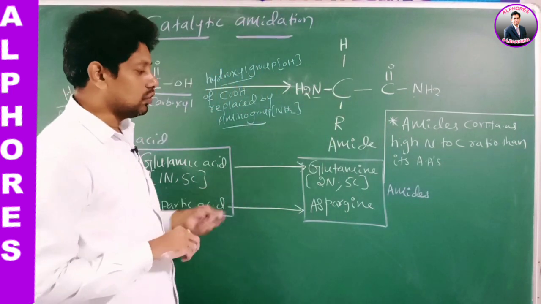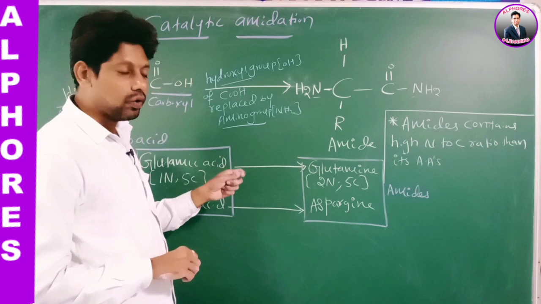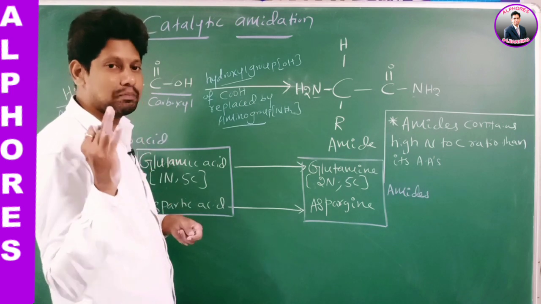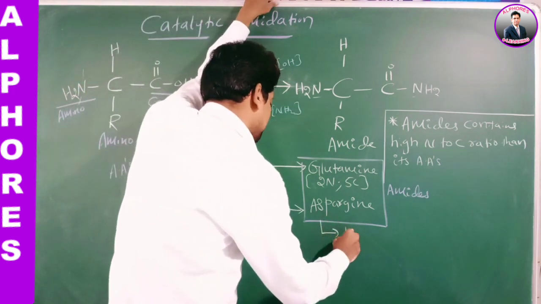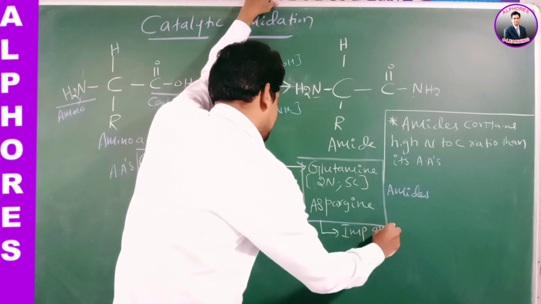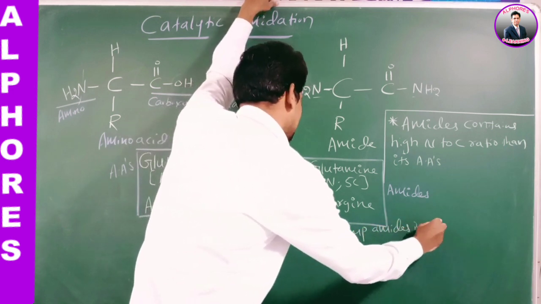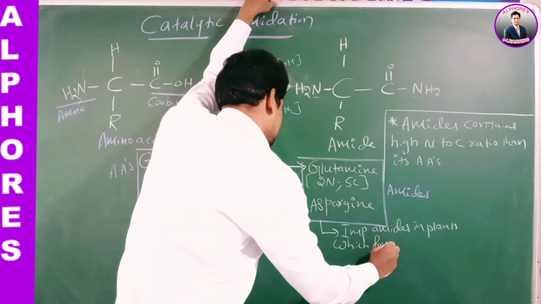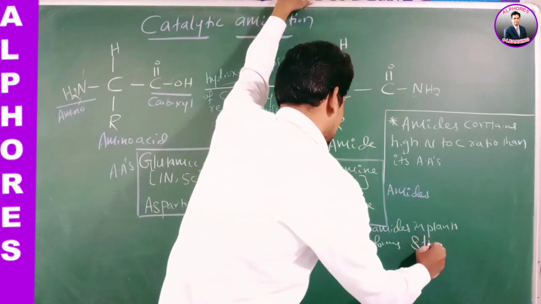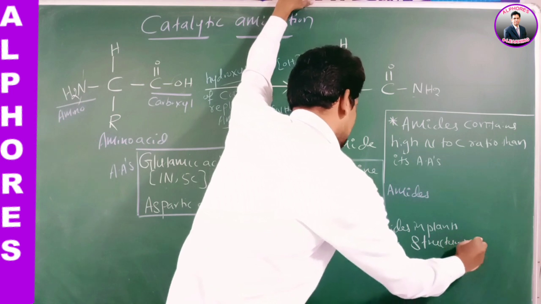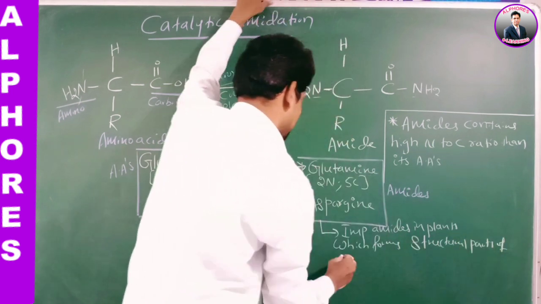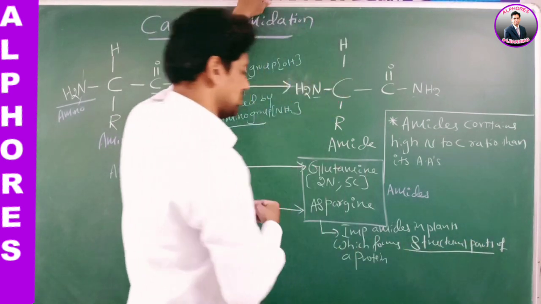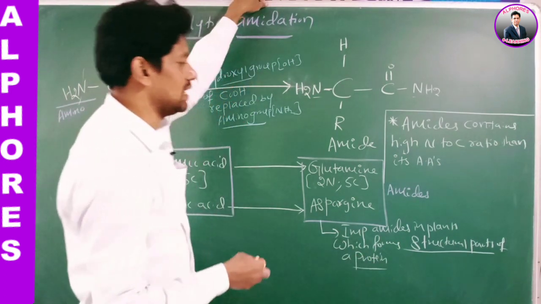Glutamine and asparagine are two important amides in plants, which form structural parts of proteins.